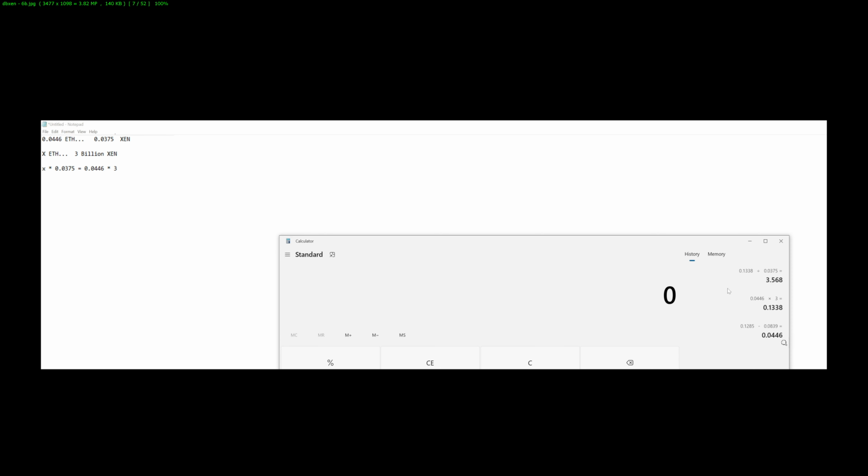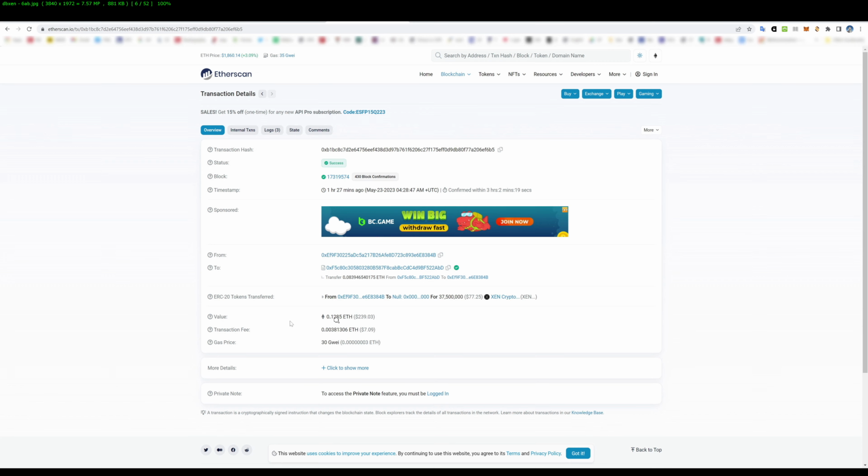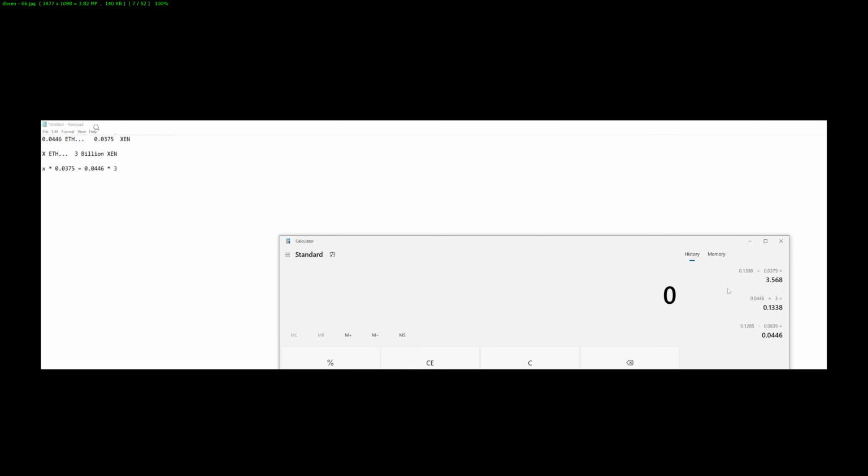So the actual amount of ETH that he would have to have in his wallet to do this burn would be 0.0446, and not 0.1285 as shown here. So he burned this amount of Zen for this amount of ETH.